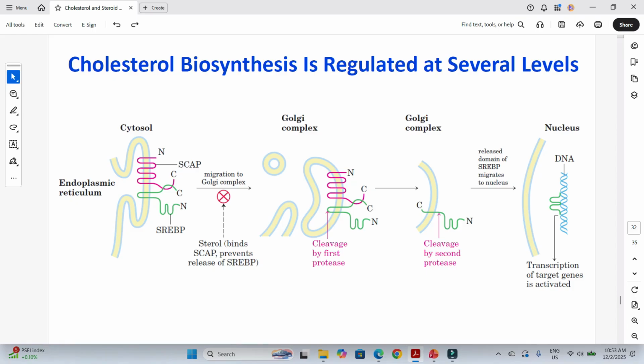In the presence of sterol, essentially the migration is inhibited, and the binding of the sterol prevents the release of SREBP. Okay.